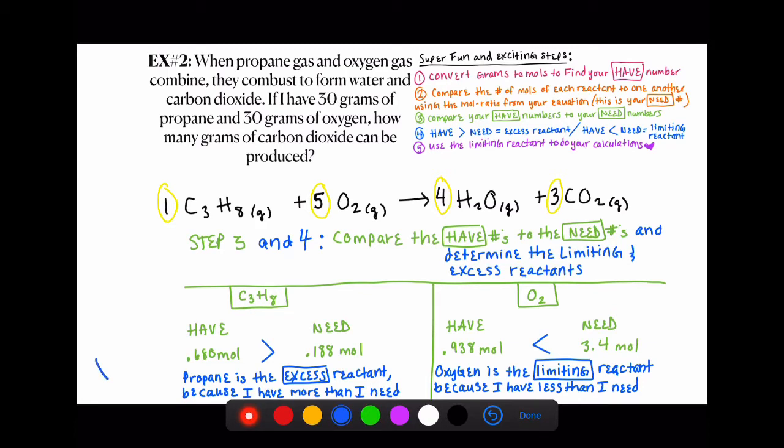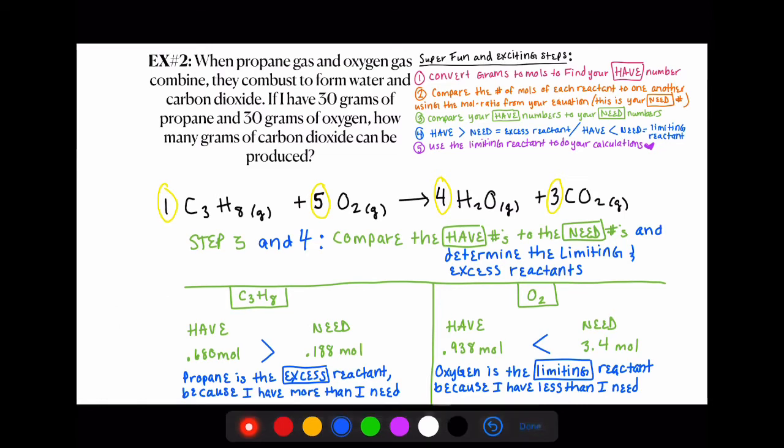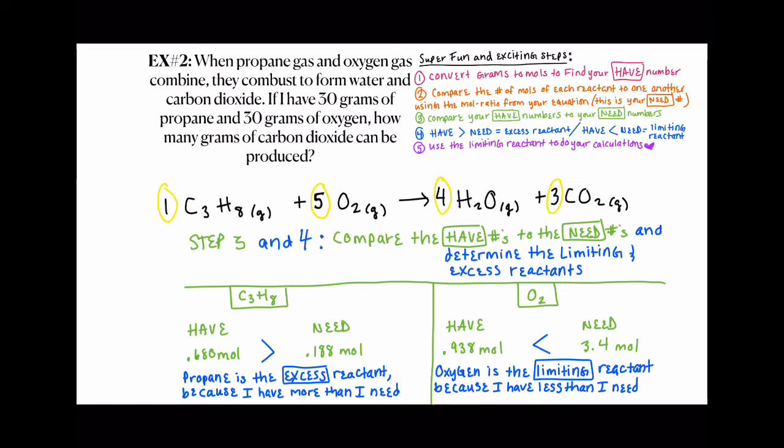I need 3.4 moles to make this happen, but I have less than 1. So that means oxygen is going to be the limiting reactant. I'm going to run out of it first. Once again, if this is hard for you conceptually, just look up at the steps and look at how I'm using my little greater than and less than signs. That might be a little bit easier for you.